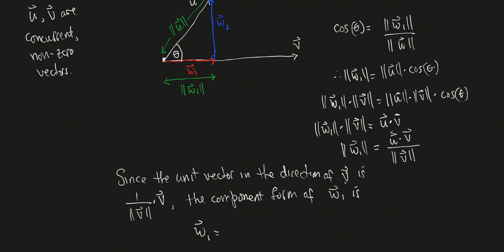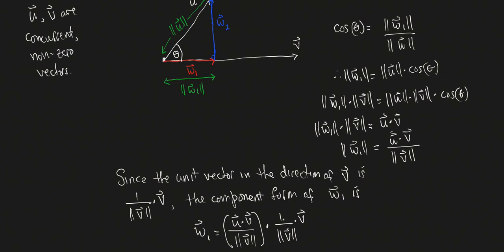So this is the scalar, and we're multiplying it by the unit vector in that desired direction. So we end up getting u dot v over the magnitude of v. I'll put that in parentheses. That's my scalar, and then times the unit vector, which is 1 over the magnitude of v times v. And that's how we get it to be the vector.